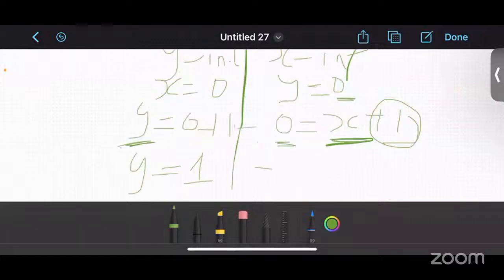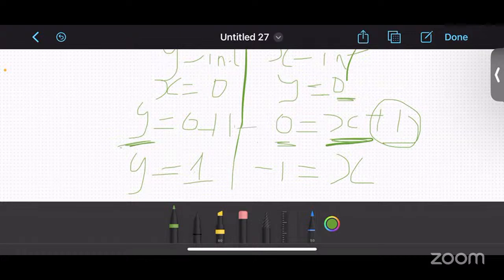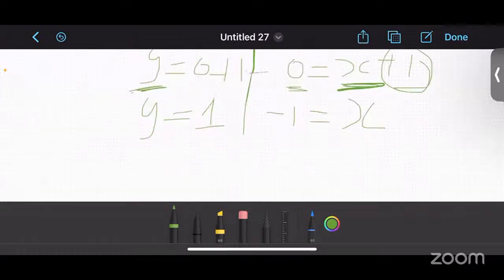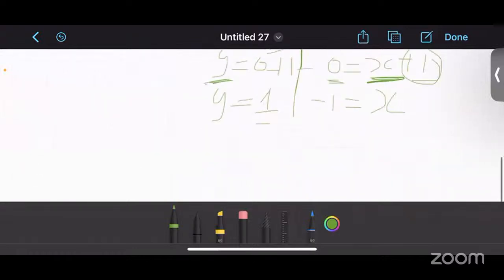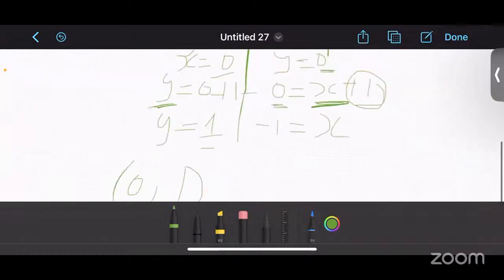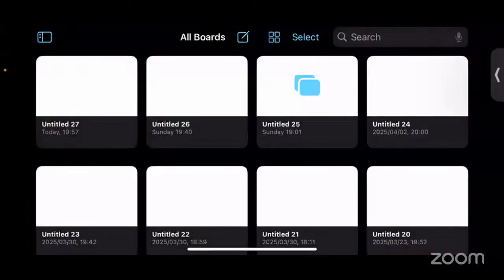We're going to have negative 1 is equal to positive x, because when it crosses an equal sign, it changes the sign. If it's negative, it becomes positive; if it's positive, it becomes negative. So we have our coordinates: our first coordinate is going to be 0 and 1, and our second coordinate is going to be minus 1.